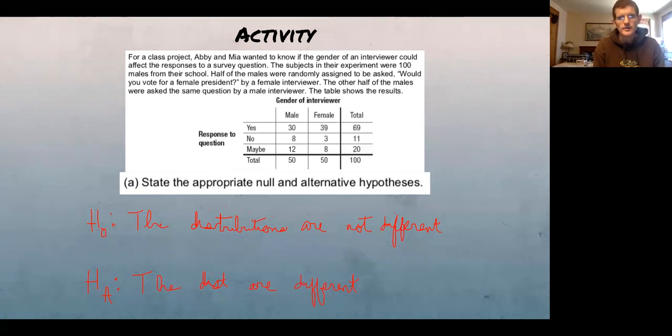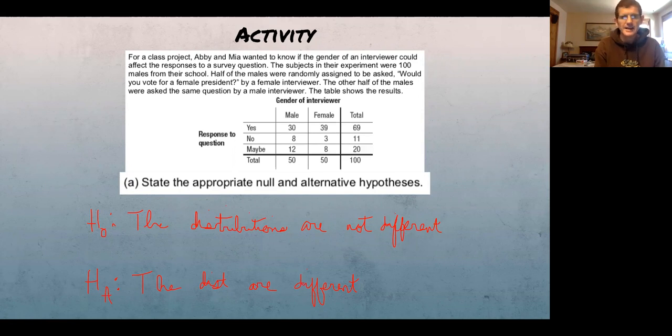Okay, so if I wanted to change my null and alternative hypotheses in any way, I could say the distributions of males' responses to questions with a male interviewer versus responses with a female interviewer are not different.